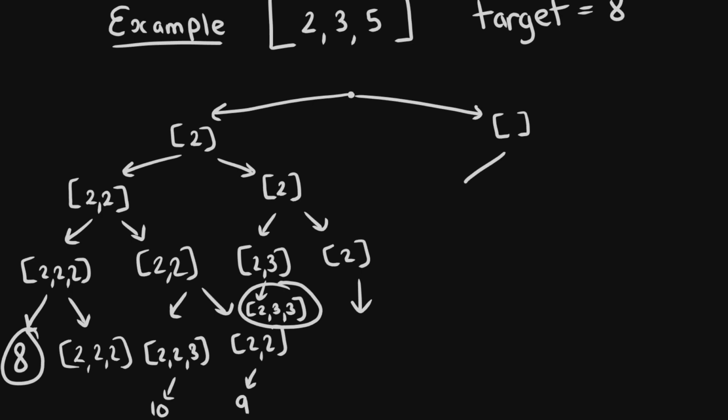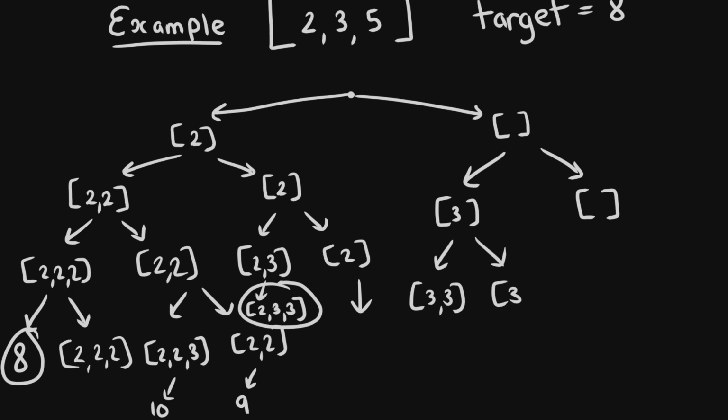So at this point, we'll take a 3 or not take a 3. So 3 is going to be here, and again, we'll keep an empty list. From 3, we can take another 3 or we can not take another 3. So 3, 3, then we have 3, and we can't take another 3.